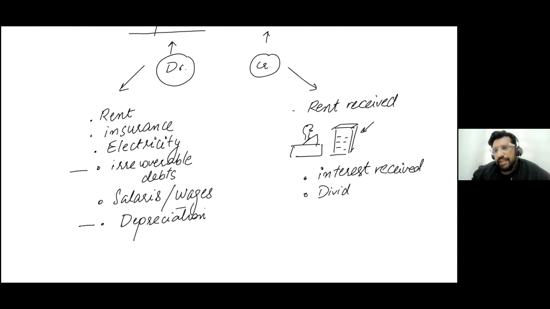Dividend received. Dividend received is when you as a business invested in shares of another company and now you're getting dividends on those shares. Okay. That's dividend received. Discount received is also an income. Okay, we'll talk about that later.